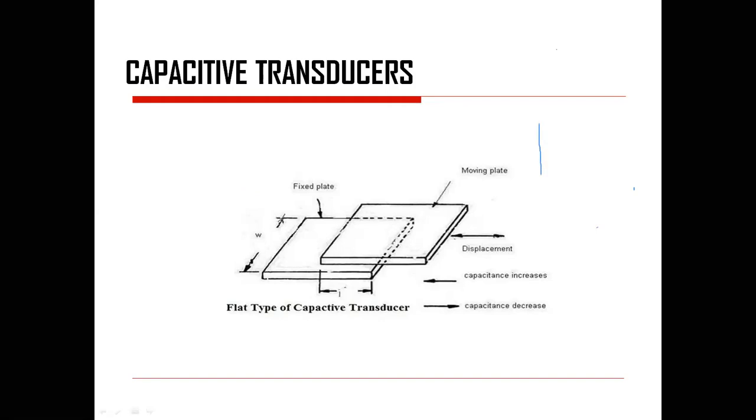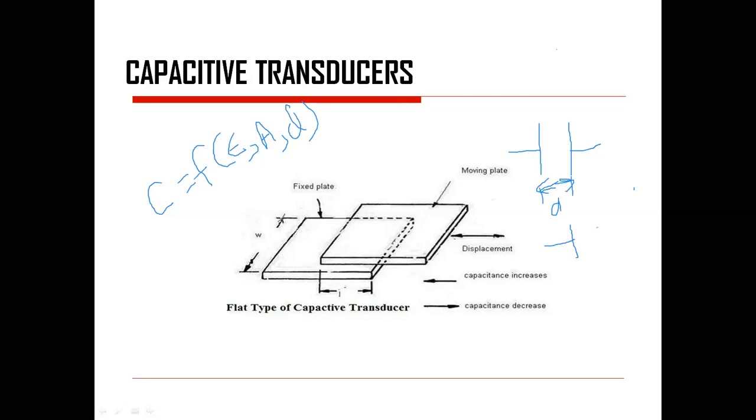So here are the two plates, and as per my definition, my capacitance is a function of epsilon, that is the permittivity, area, and distance. So this is my distance, and this is one of the plates.